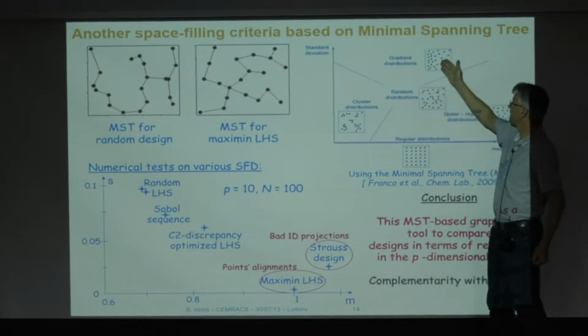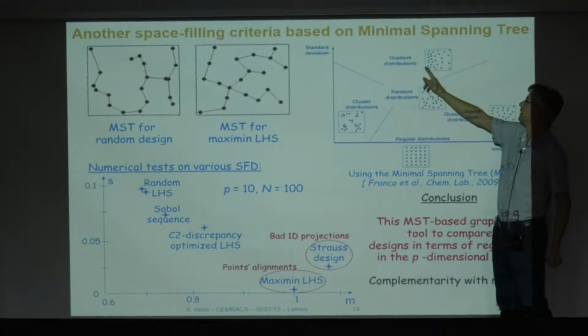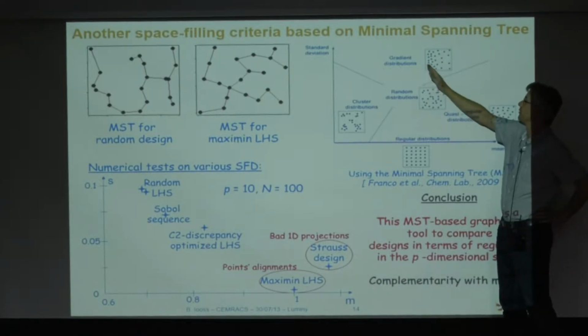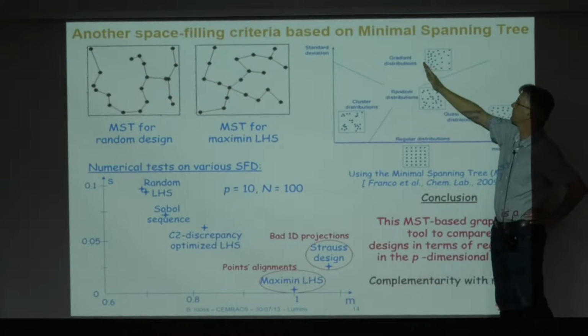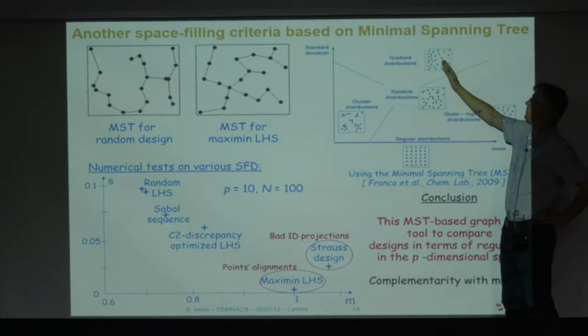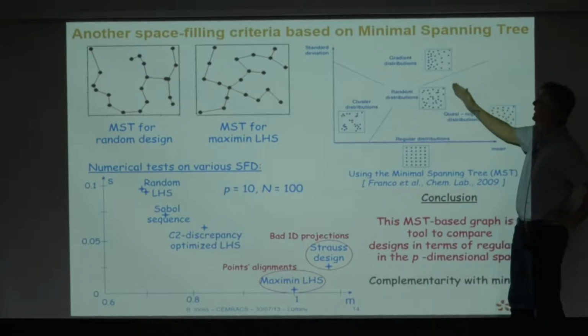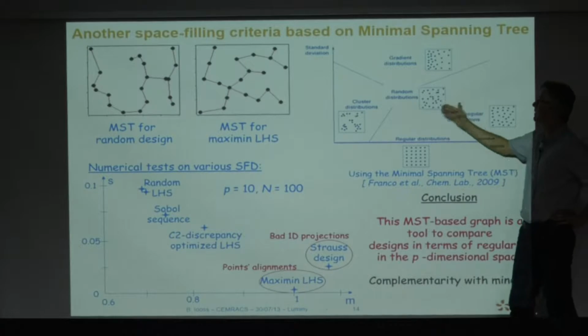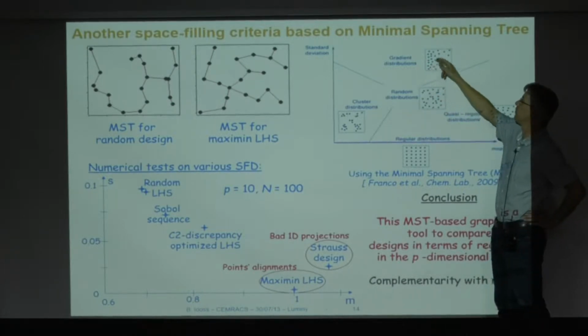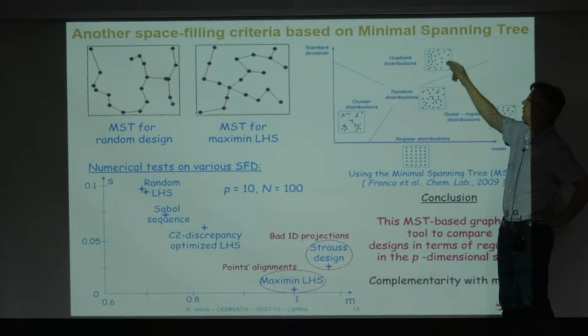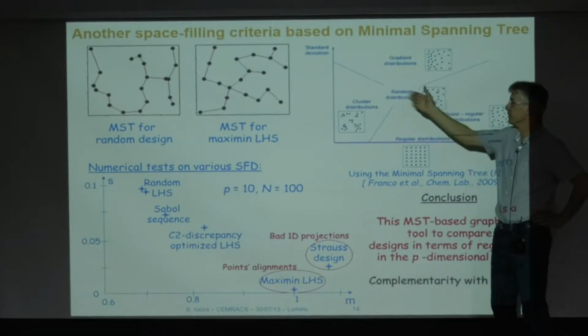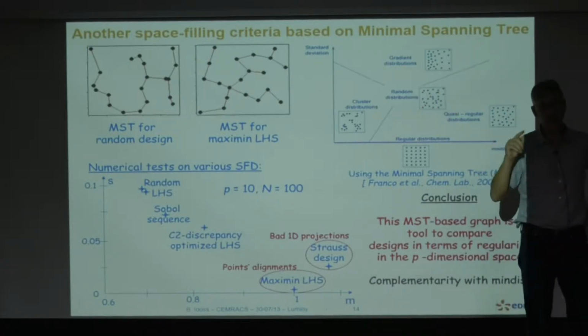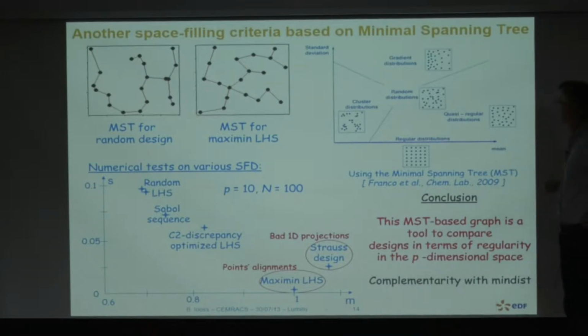At the opposite, if you have something like this with a gradient distribution, it means that at the left you have some close points and the points become far away when you go to the right. So in this kind of situation, you can have a large mean and also a large deviation because you have a lot of small distances and a lot of large distances when you build the spanning tree, of course.